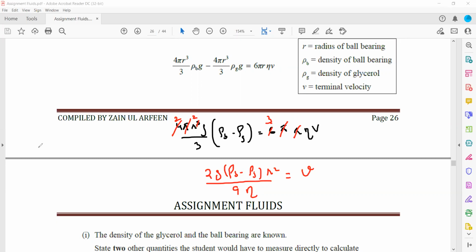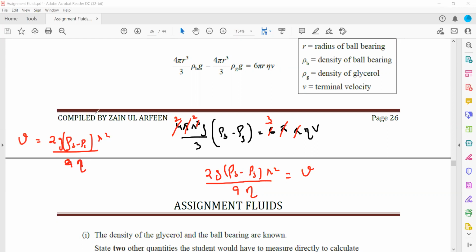So the terminal velocity is equal to 2g, the difference in the density of the two media, r square by 9 eta.